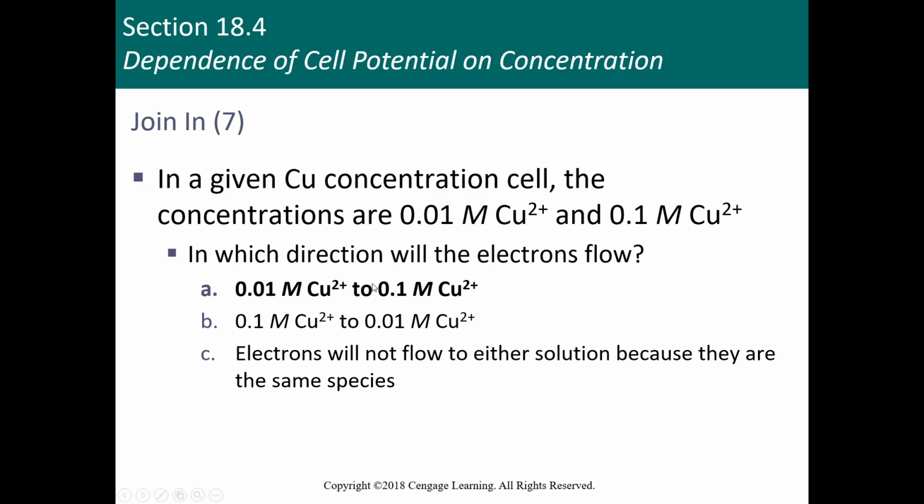Again, the way you can easily remember this is that what you want is to put electrons onto this so that your cation here goes down in concentration by forming the metal. And thus, these two concentrations become the same.